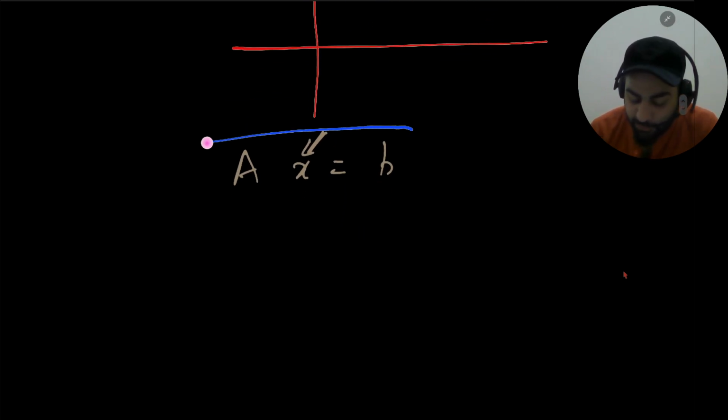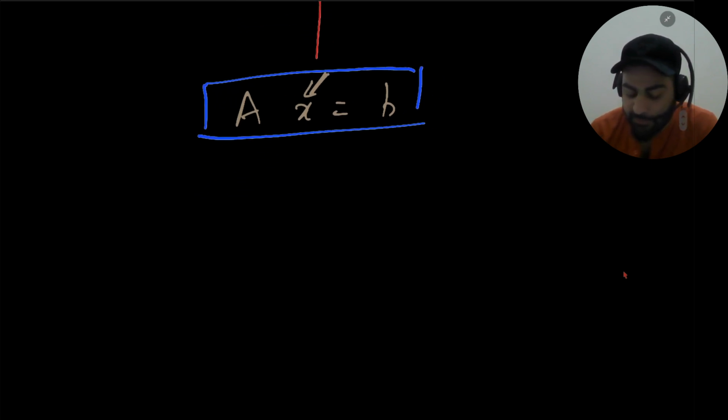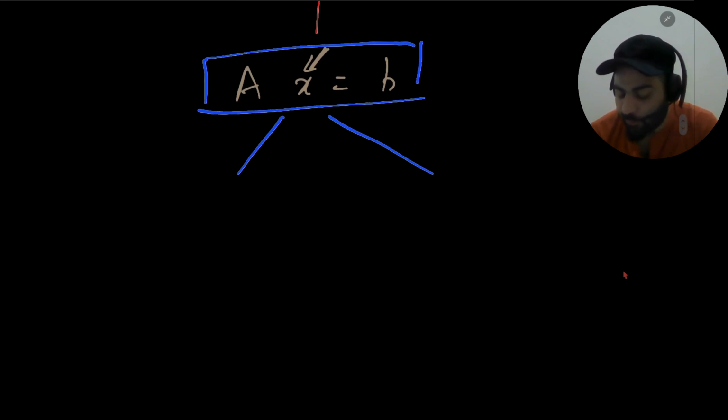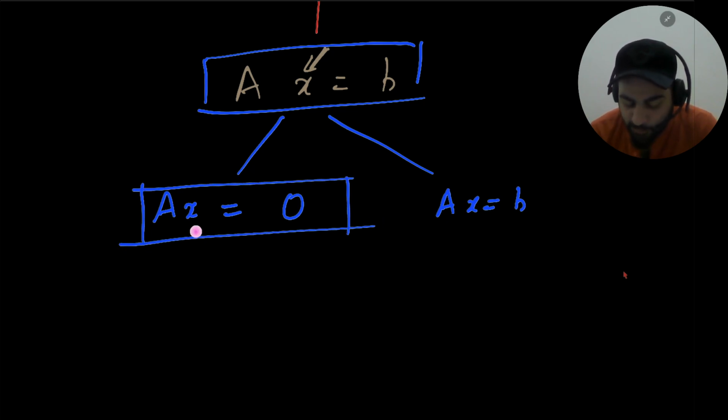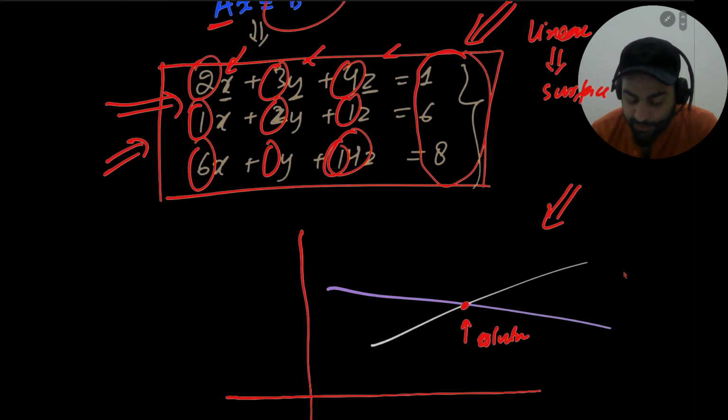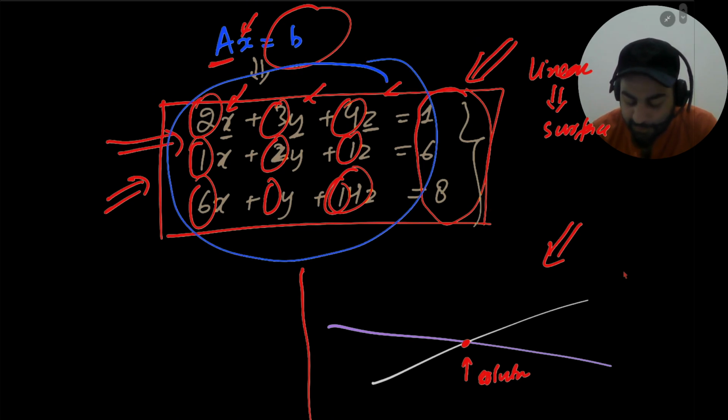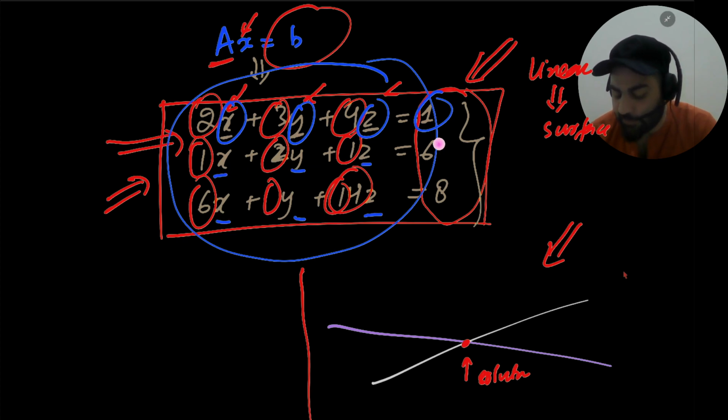Okay, so in order to solve this problem, what I told you is that we'll break up this problem into two things. We'll say Ax is equal to 0 and Ax is equal to b. And we'll first try to find all the values of x for which these equations become 0. I'll try to find the values x, y, and z such that these equations become 0.